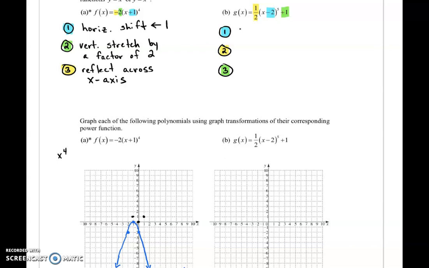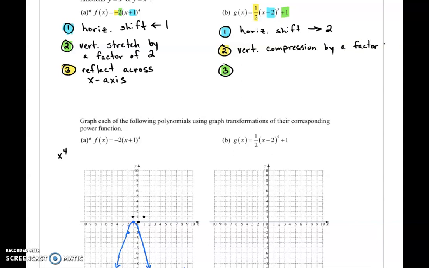So the -2 inside is a horizontal shift right 2. The 1/2 is a vertical compression by a factor of 2.